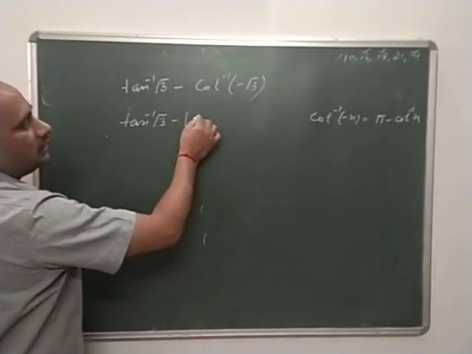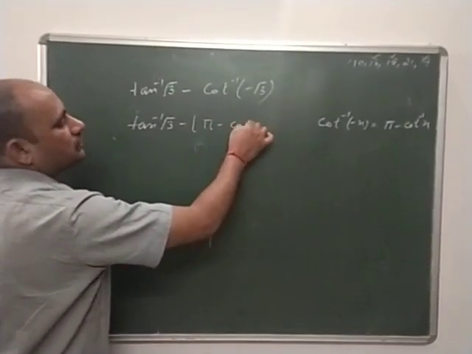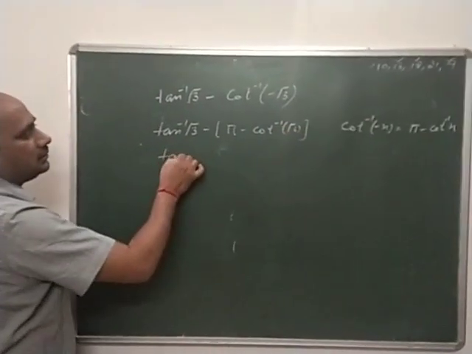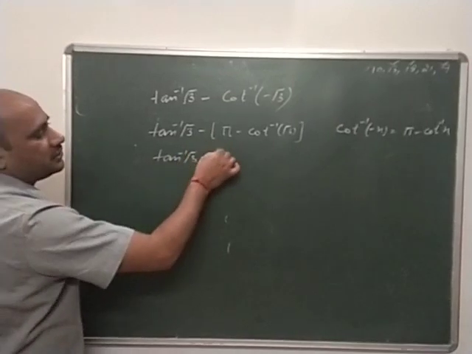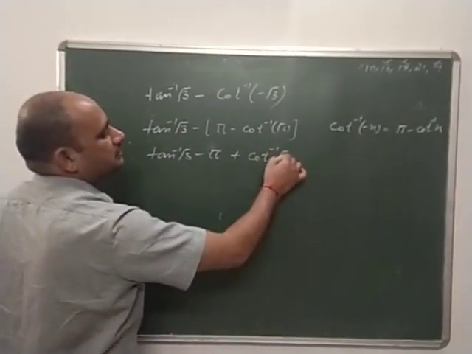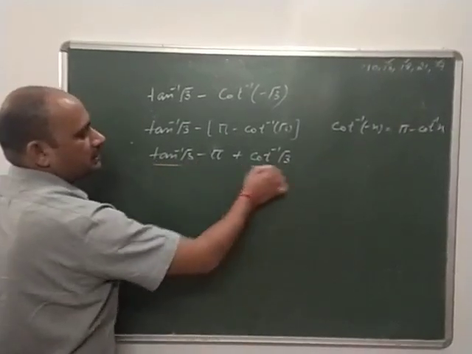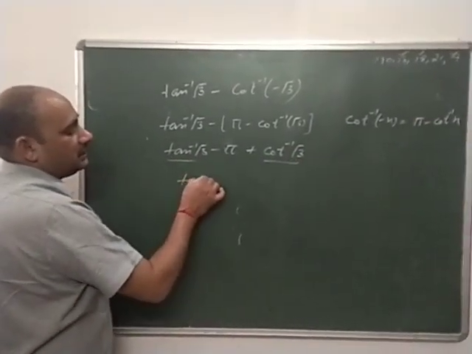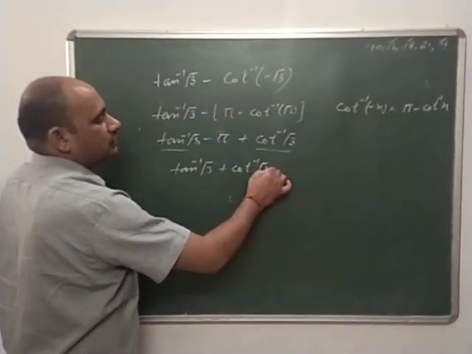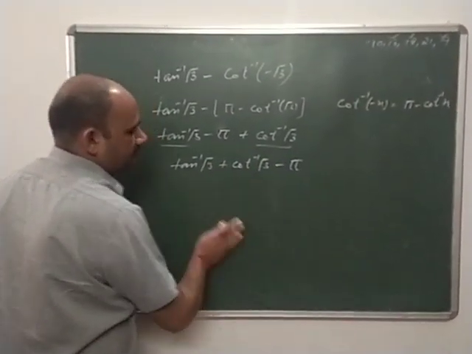So pi minus cot inverse root 3, minus pi, minus minus is plus. Now we can write combined: tan inverse root 3 plus cot inverse root 3 minus pi.